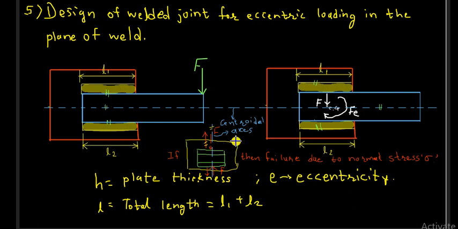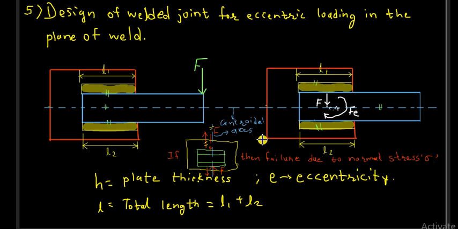And in this case you can see the centroidal axis and the length of parallel fillet welds are parallel to each other. That means if I will draw the centroidal axis of this weld bit L2, then this will be parallel to this centroidal axis of the complete weld system, and again this will be parallel to the axis passing through the CG of this weld bit L1, right?